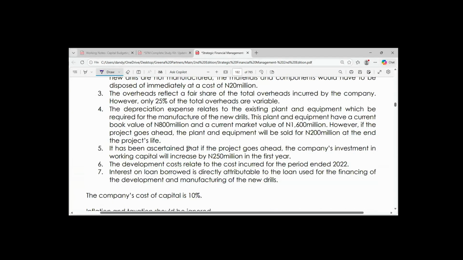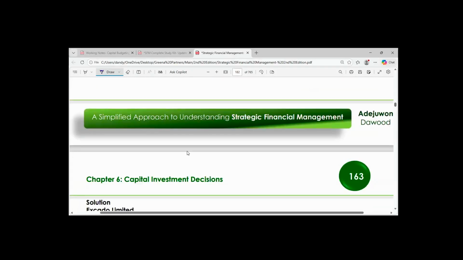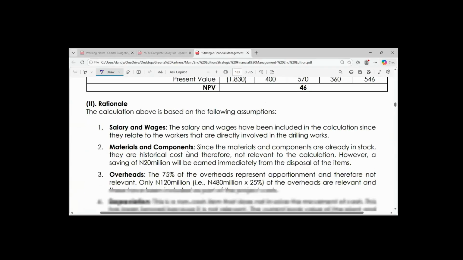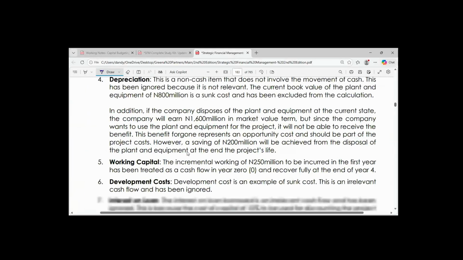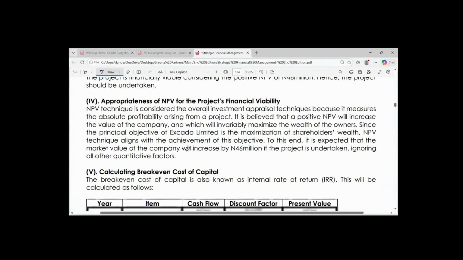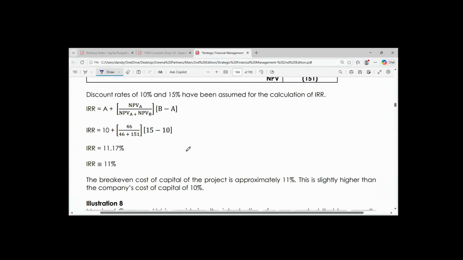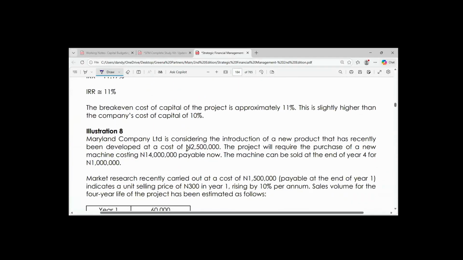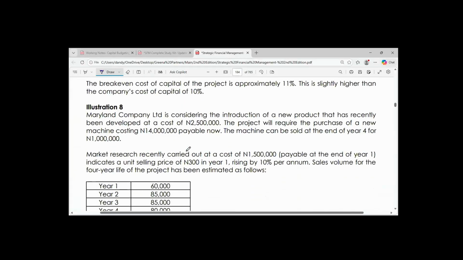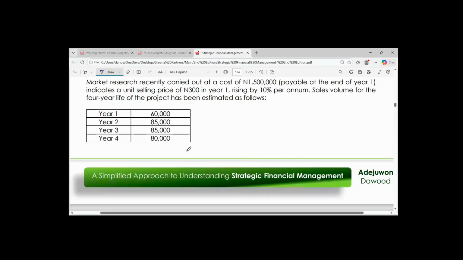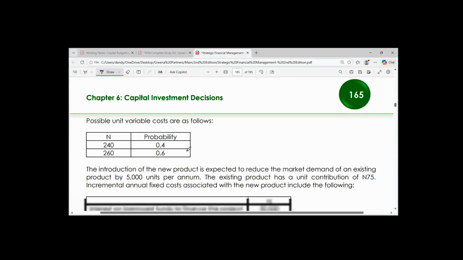I want to encourage you, go and practice as many questions as possible, especially under capital budgeting. The last time ICAN tested capital budgeting was 2021, which is the question we are currently solving. In 2017, the question we solved last week, which is Ferrari, was tested in November 2017, 30 marks. In November 2018, the compulsory question was cost of capital.